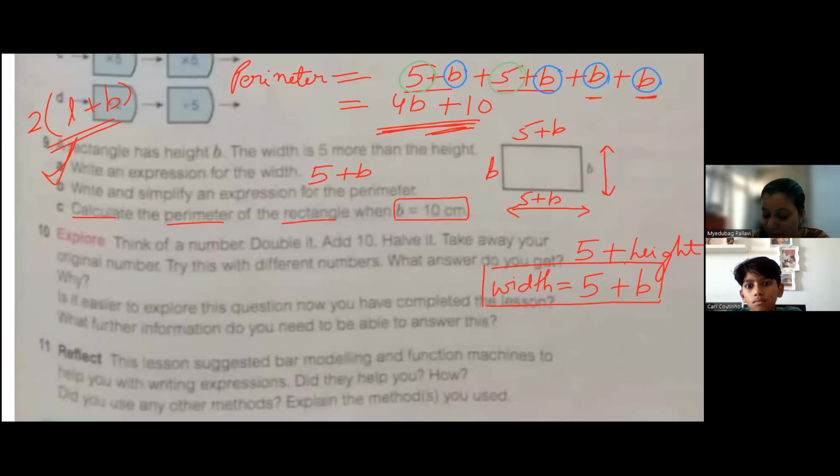So the expression that we have for perimeter, 4b plus 10, in that particular expression we have to substitute the value of b, which they have given to be 10 centimeters. And then we have to find what the value for perimeter will be. Can you find it out? Yeah, tell me.